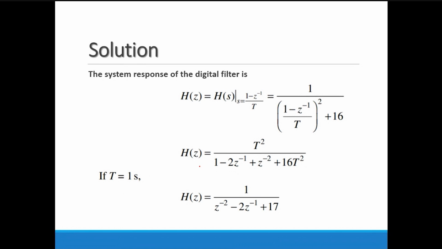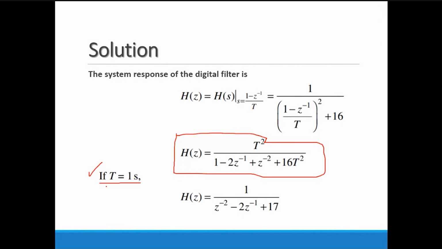Okay, so here sometimes this will be your final answer, but sometimes some value of T will be given to you and you have to solve the equation for that. Here we have taken the value T is equal to 1 second. If the value of T is not given, you have to assume that value to be 1 second for the sake of simplicity. Otherwise some value of T will be provided.